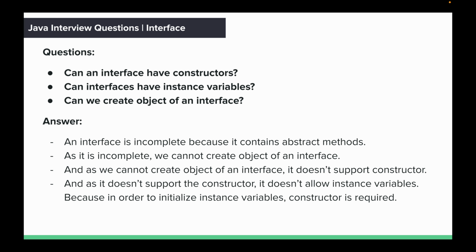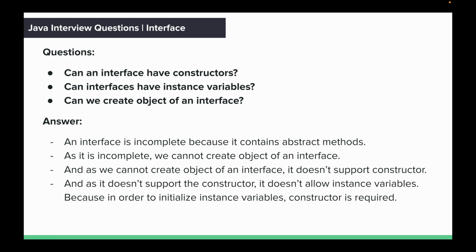And as we cannot create object of the interface, it doesn't support a constructor, because if we are not able to create object of the interface, then we don't need a constructor. And also, as the interface doesn't support the constructor, it doesn't allow instance variables, because in order to initialize instance variables, a constructor is required.